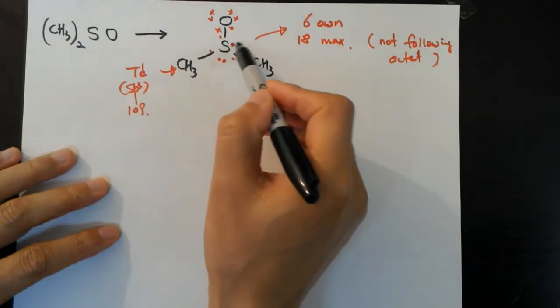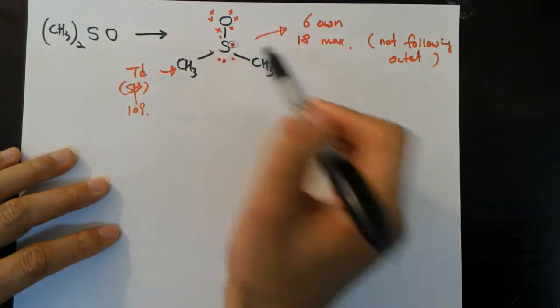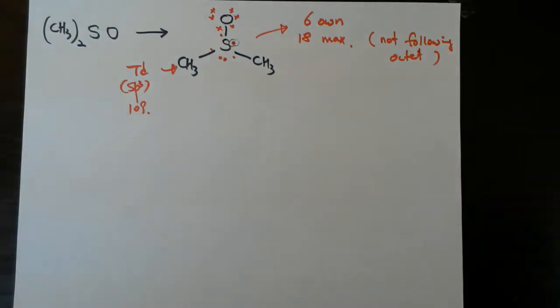Can we put this single electron of the sulfur in one of these two bonds? Then the sulfur can share electron, and that is more stable if the electron feels more attraction.